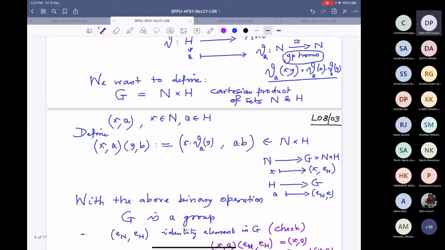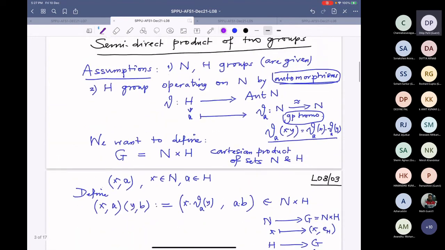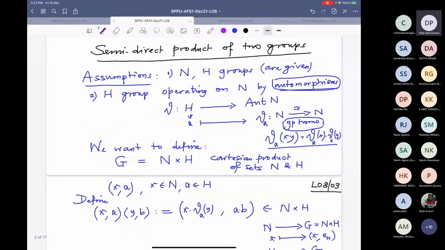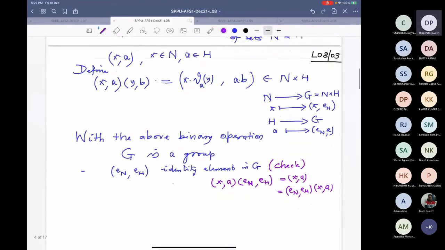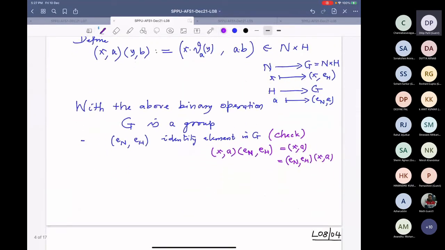Theta is a group homomorphism, and this is an action, so this is also a group homomorphism. All that you will need to check both these equalities, which I am leaving to you. The next thing, what is the inverse? Associativity also you have to check. This is also very simple, so I will not check this.